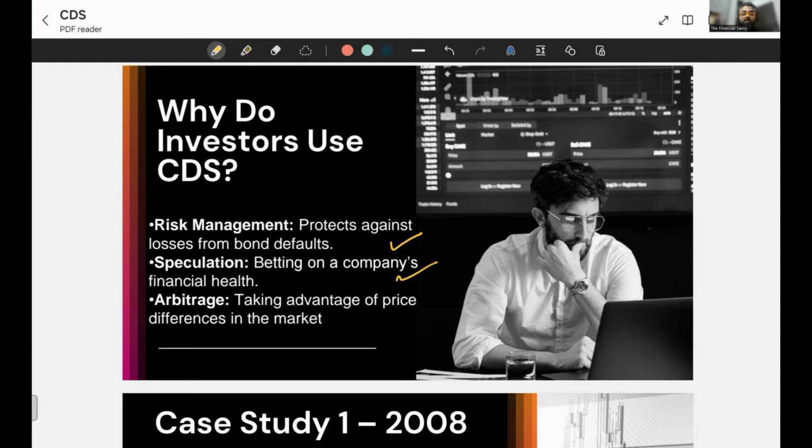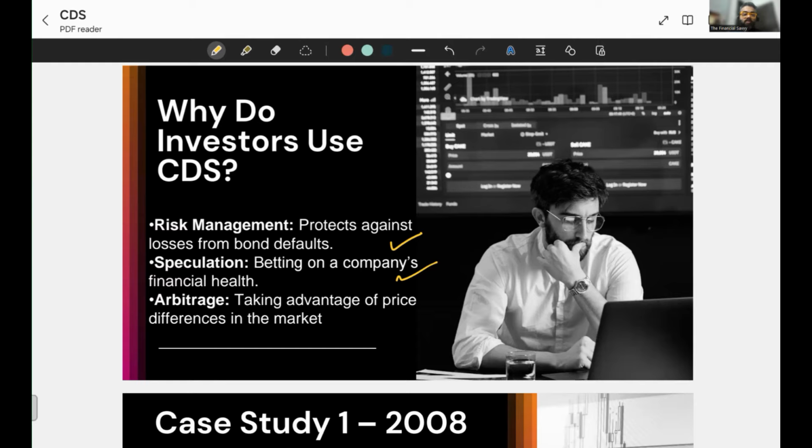When the probability of the borrower's default goes up, that will trigger the prices of the CDS, making them very expensive, and in that way they can make the profit. So in a way they are just speculating, right? I'll try to explain the speculation part in further slides as well. In this slide, you can just think that CDS, apart from risk management hedging, are also used by traders for the purpose of speculation.